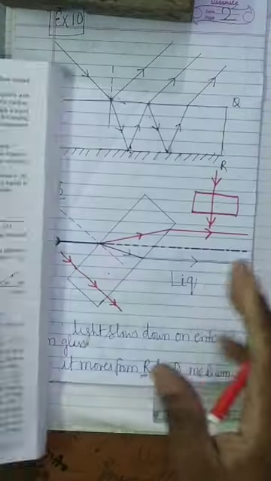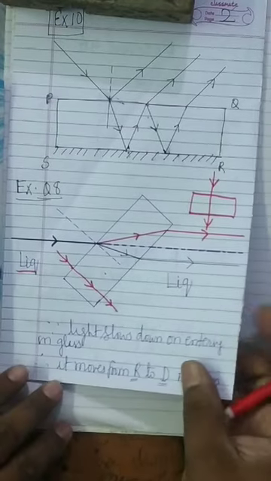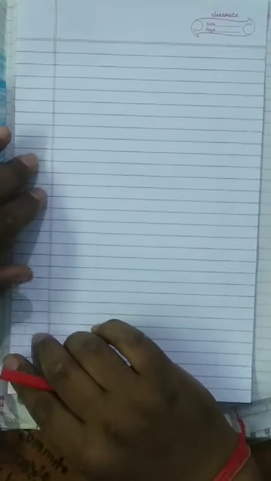Now I am moving towards the exercise 4A. It's clear? Let me adjust the page, otherwise it may not be visible. Yes, now it is visible.